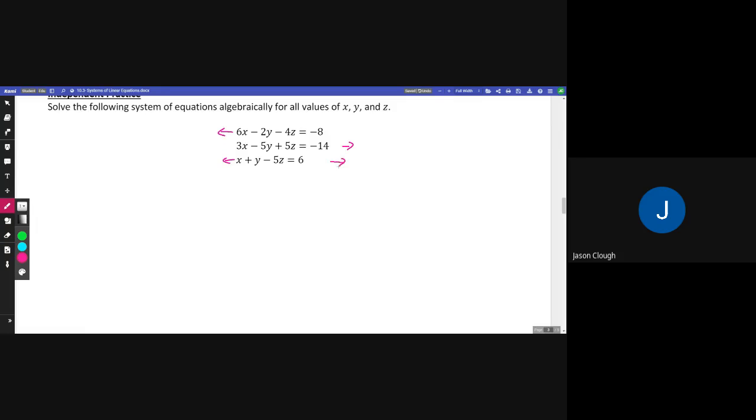They're going to be these two equations. 6x minus 2y minus 4z equals negative 8. And x plus y minus 5z equals 6. And then I'll use this equation and this one.